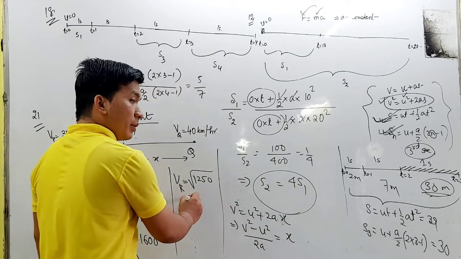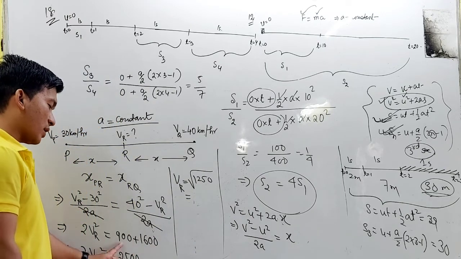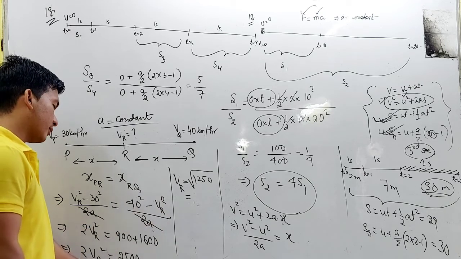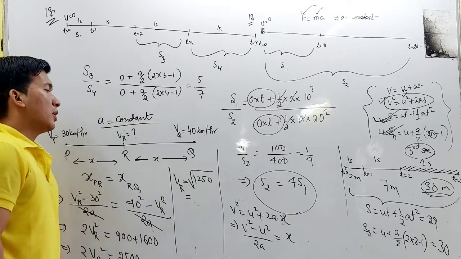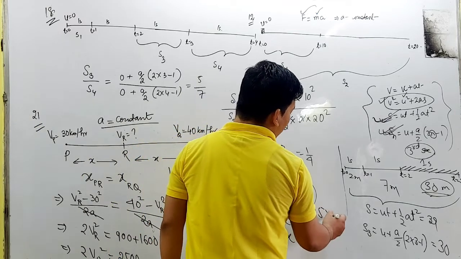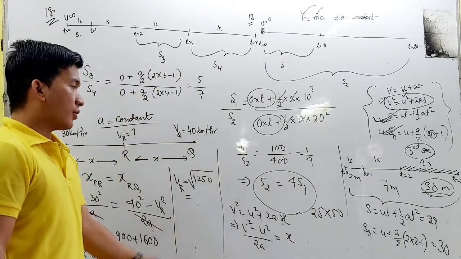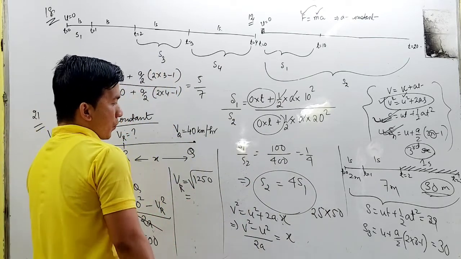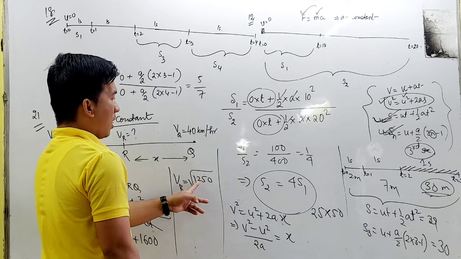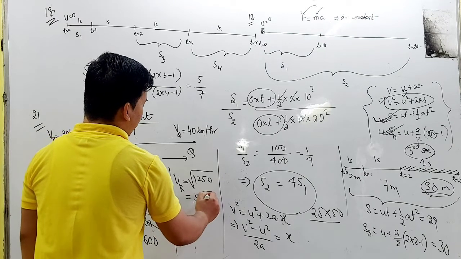After simplification we have 25 times 50 under the root. We have to take the square root of this: 1250 is 25 into 50.